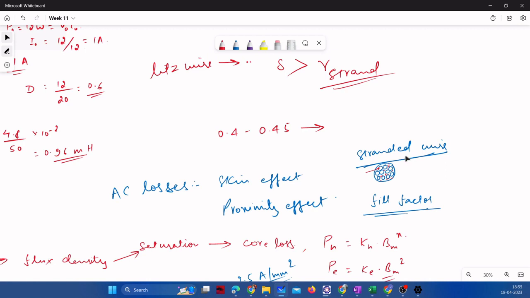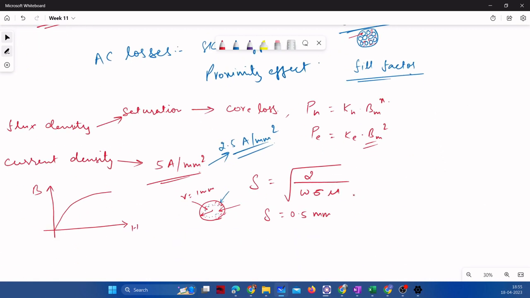A skin depth is dependent on frequency, current, and conductivity of the material you are using. So once it is designed, it will not matter how much dimension of the conductor you are using.